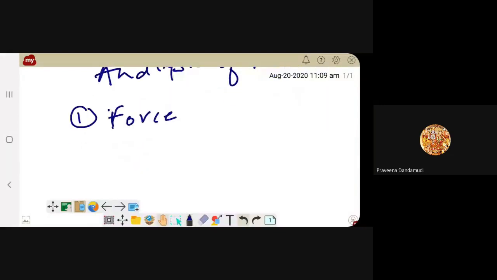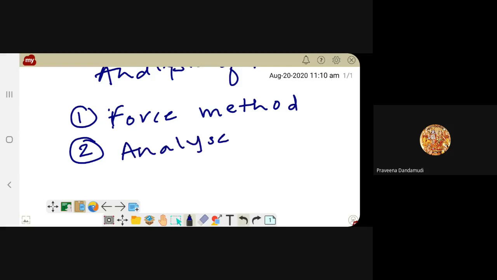For analysis of frames as well as beams, beams as well as frames. Okay, particularly the flexibility matrix method is a force method, and it is a very powerful tool to analyze beams as well as the frames.